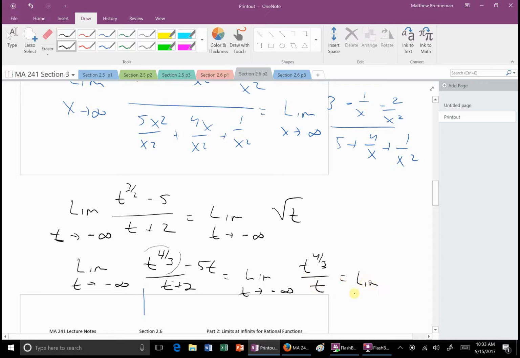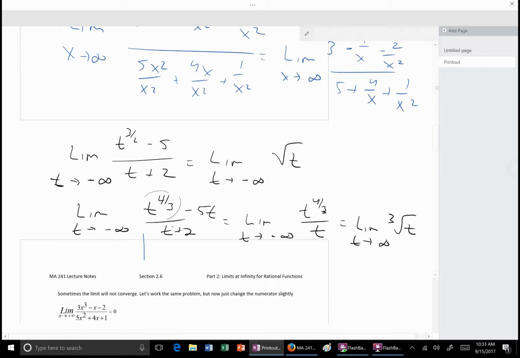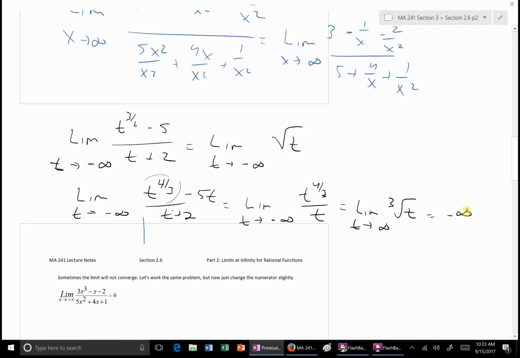And so I get the limit as t goes to minus infinity, after I cancel out exponents, of the cube root of t, t to the 4/3 minus 1. Negative infinity is a little bit of a trick.